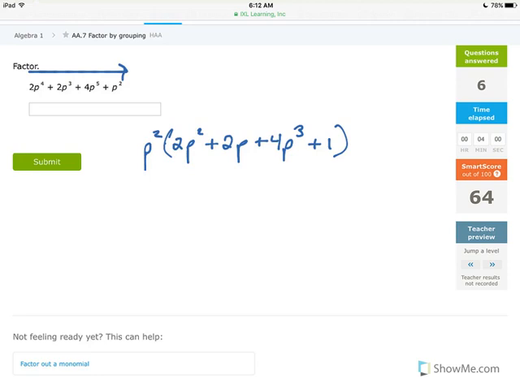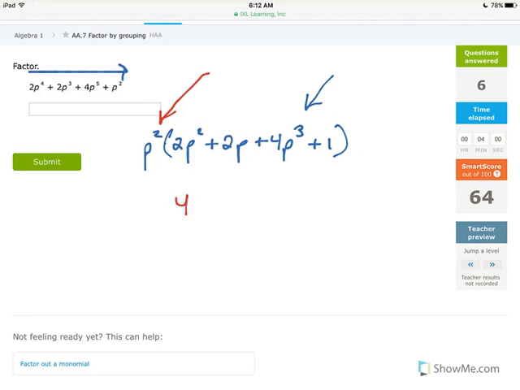Sometimes when you're doing factor by grouping, the order of the terms matters, and it's often best if you can put it in descending order, where the powers are going from highest to lowest. So notice this one is not really in descending order because we have a 4p to the third here. So this p to the second that we factored out, that's going to be one of the factors, and we're just kind of focused on these 4 terms. So let's rewrite the 4 terms.